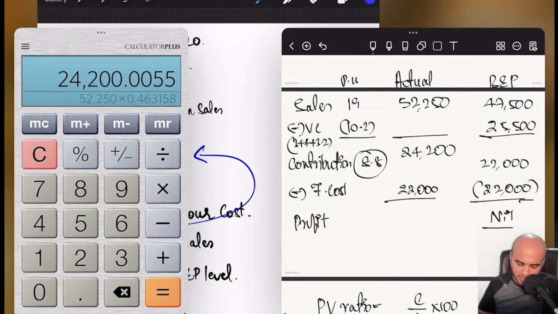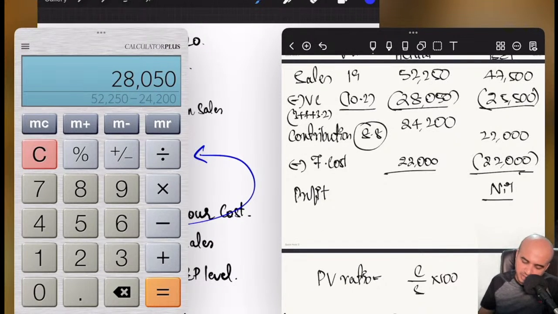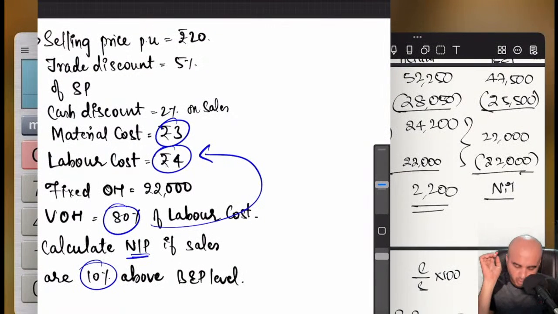So remaining would be my variable cost. 52,250 minus 24,200, so 28,050 will be my variable cost. Now profit is easy to calculate. 24,200 minus 22,000, that will be 2,200, which is my profit. That's it. That is what was asked: profit at BEP plus 10%. So we have achieved that.